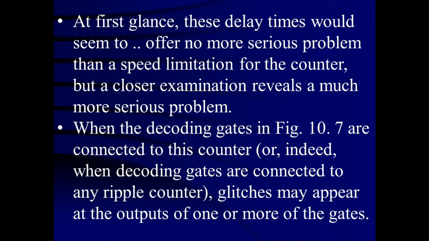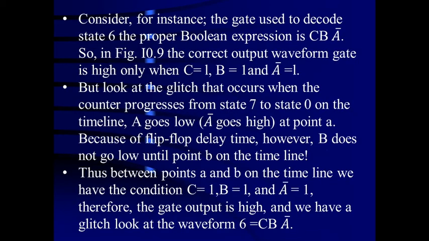But TTL is very fast and it can respond to even the smallest glitches. Even though we cannot see it on the oscilloscope, it will create false triggering in the further digital system. Hence, these glitches should be removed, and there are two ways they can be removed.